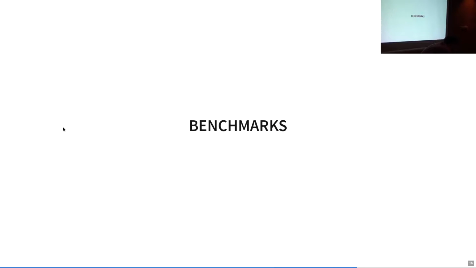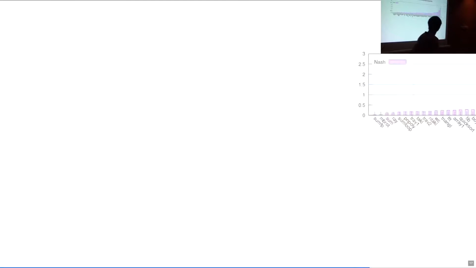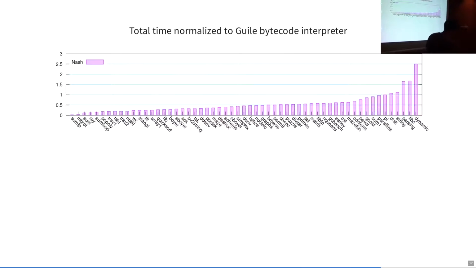So how well does Nash perform? The graph shows results from running the Scheme cross-platform benchmark suite with Guile and Nash. The benchmark suite contains 57 programs, and the results are normalized to the Guile bytecode interpreter.